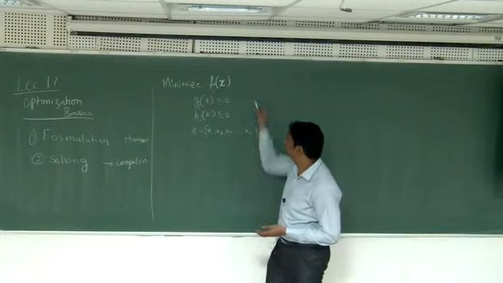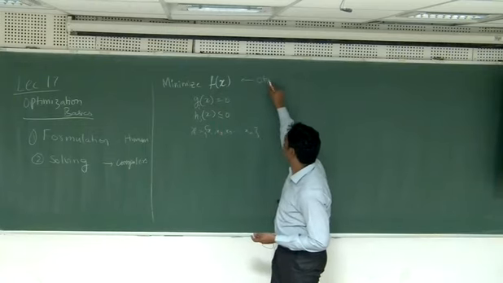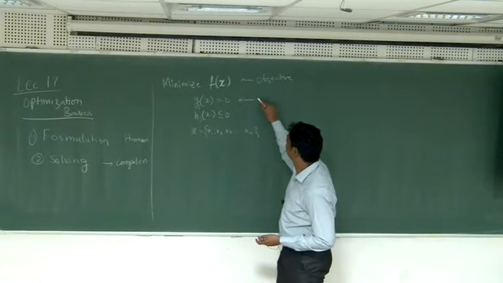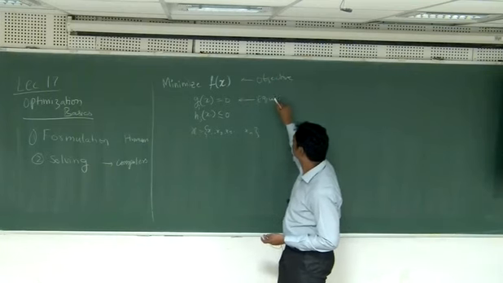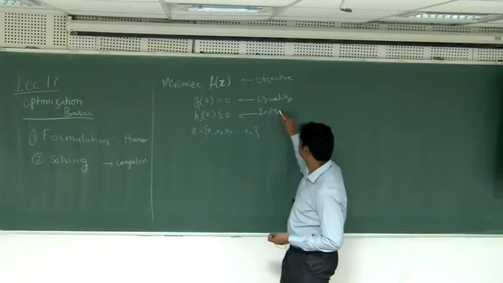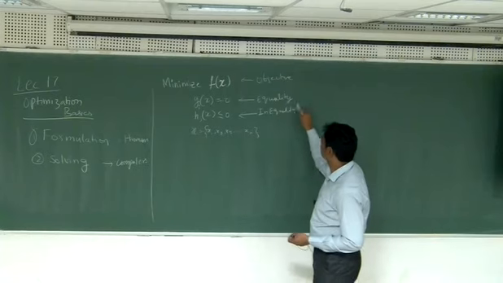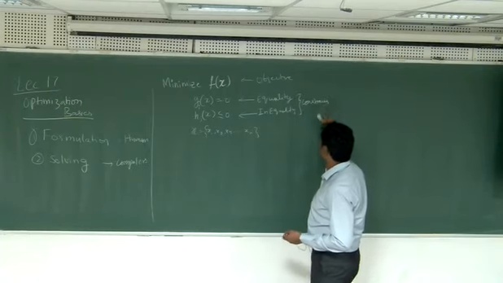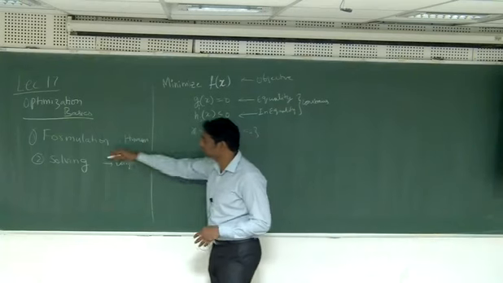This is called the objective function, this is called the equality constraint, and this is the inequality constraint. So these are the constraints, and this whole thing is nothing but the formulation.